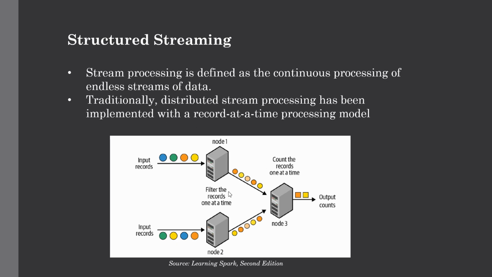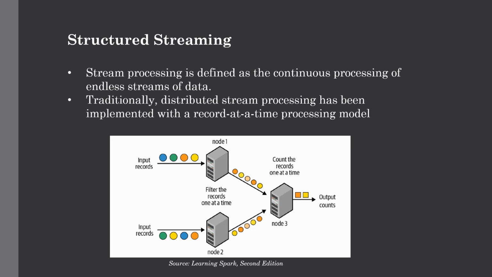The single records are consumed by each node, and those nodes filter the records one at a time as shown in this figure and generate output, which becomes the input for the next node. That next node is an aggregation phase. In this step, it is just counting the records one at a time, and we are getting the output counts out of node 3.